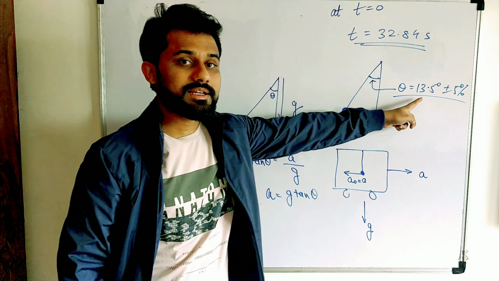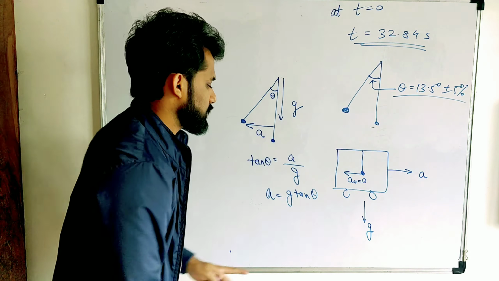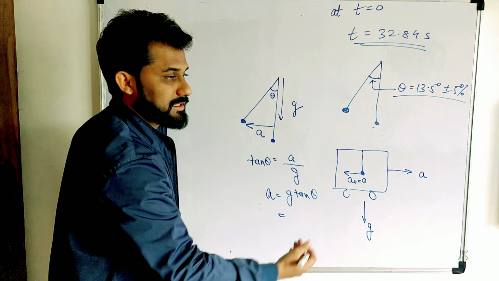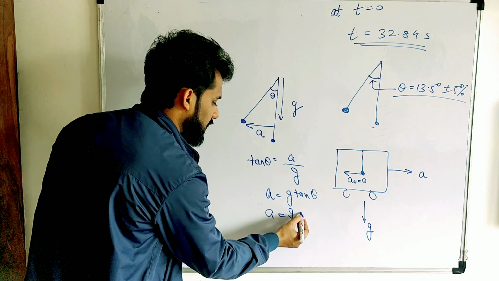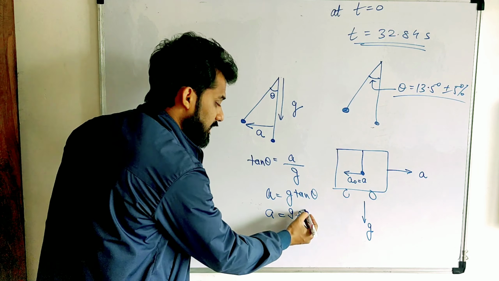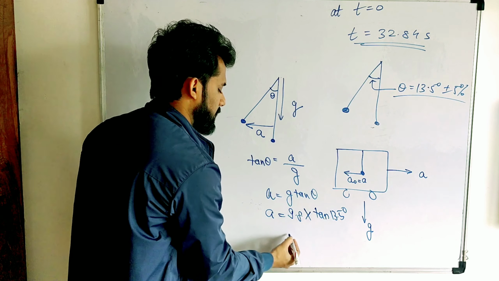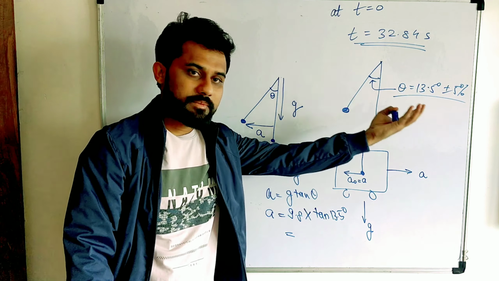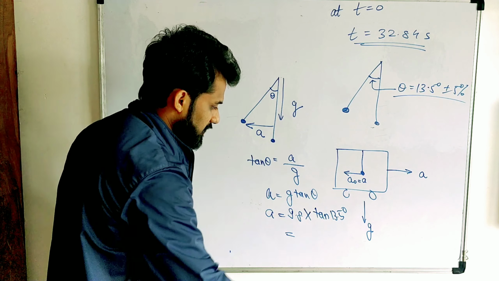Since we know the angle which the pendulum was making during the entire journey, I can treat that acceleration as constant because the angle was almost constant. So 9.8, the acceleration due to gravity, times tan of 13.5 degrees. Plus or minus 5% there is error, so there will be error in the acceleration as well.